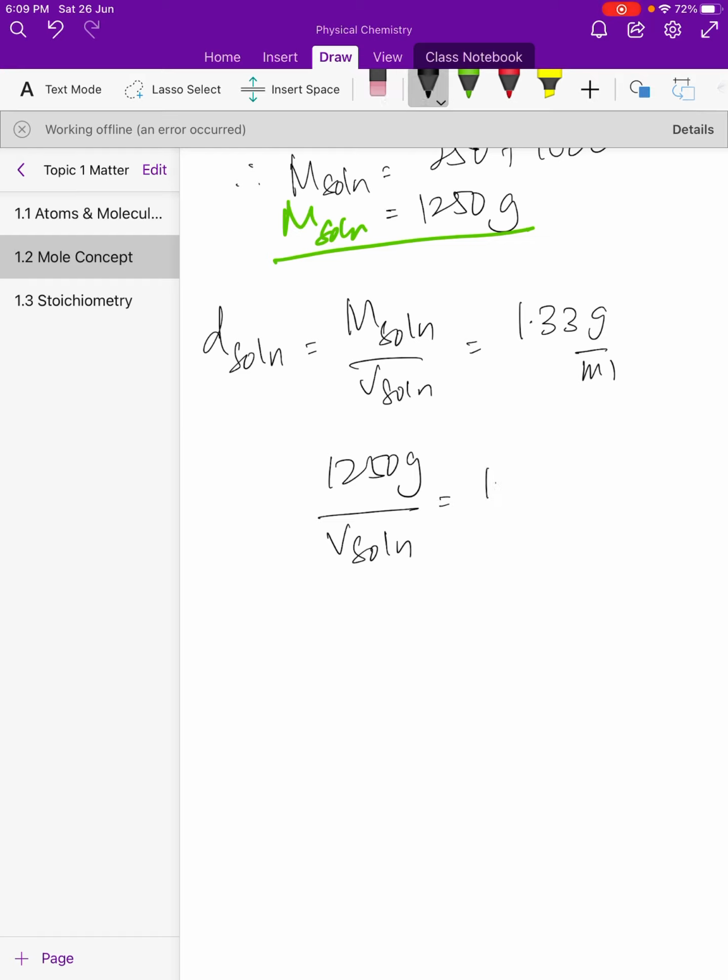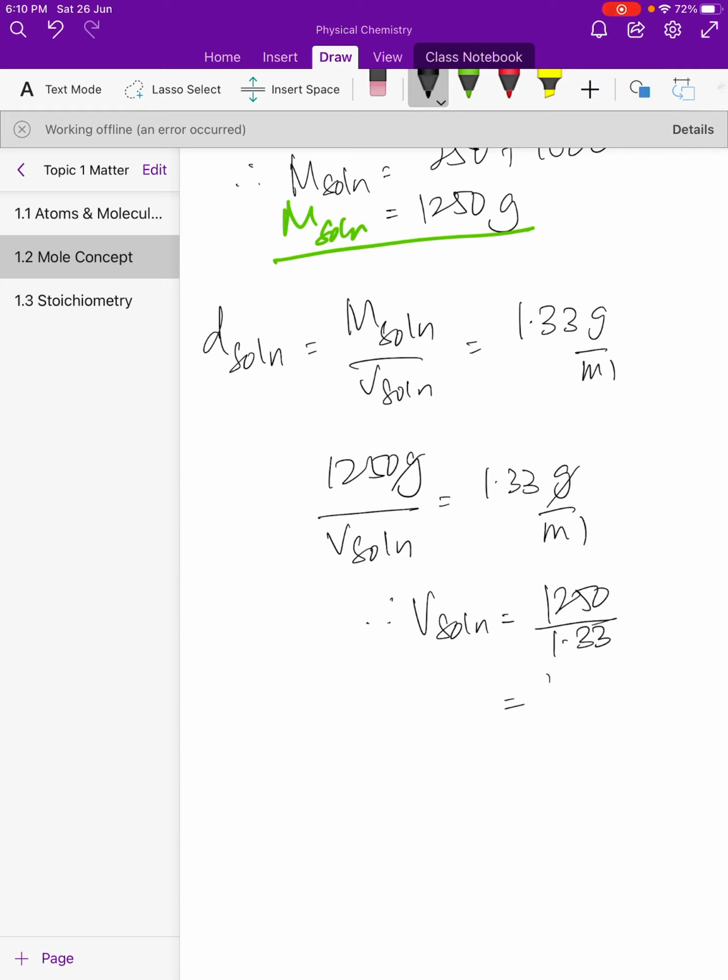And this is 1.33 gram per milliliter. So gram can be cancelled. Therefore, volume of solution, we have to find 1250 divided by 1.33.